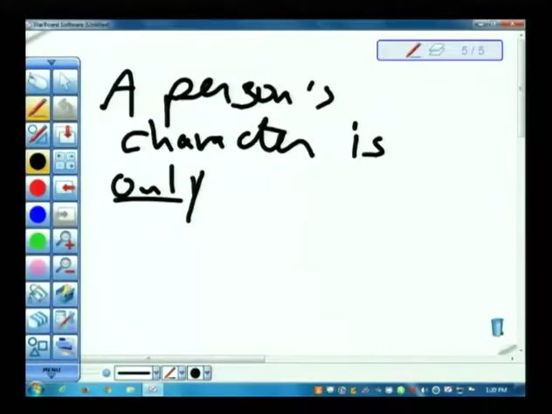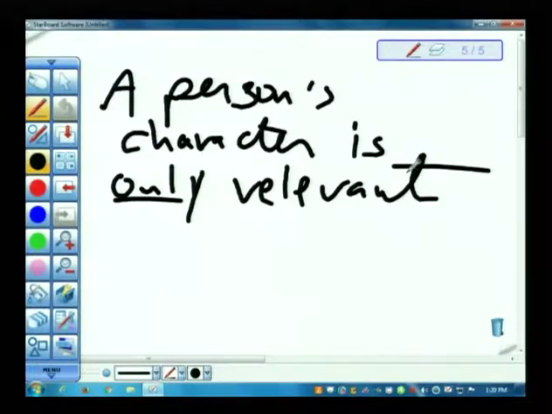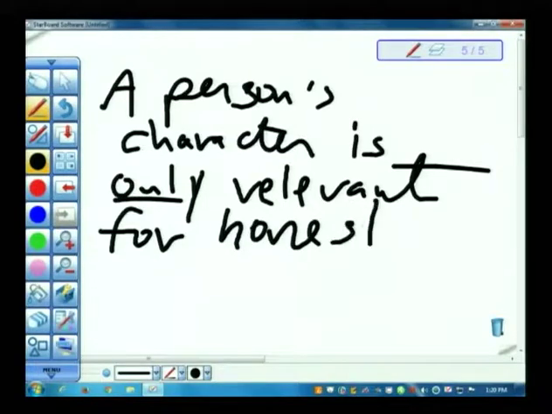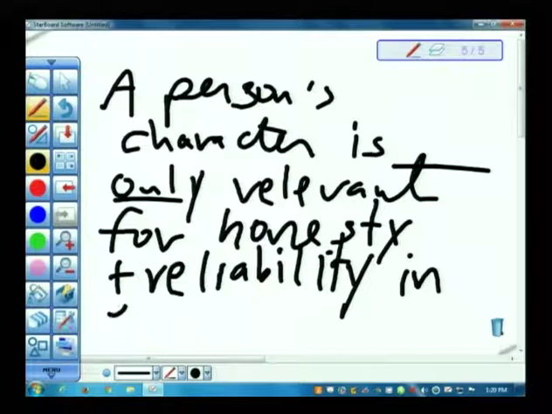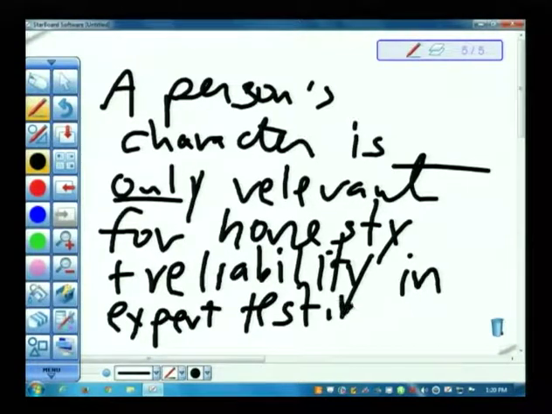A person's character is only relevant on matters of honesty and reliability, especially in expert testimony. I think we left off on this last time.